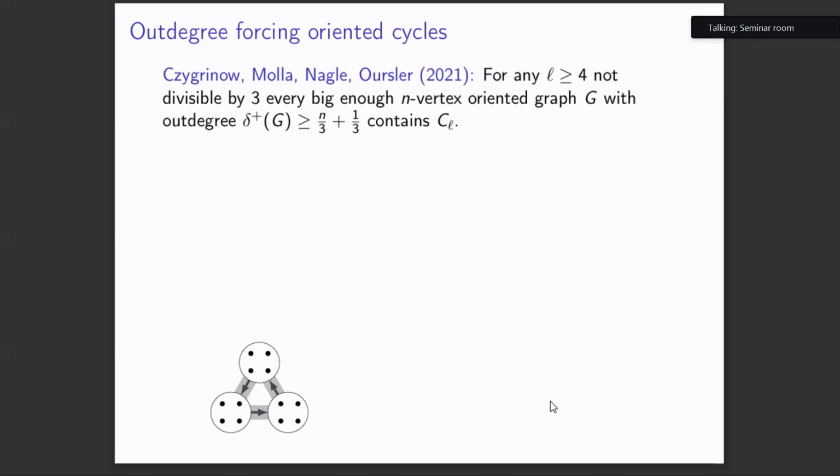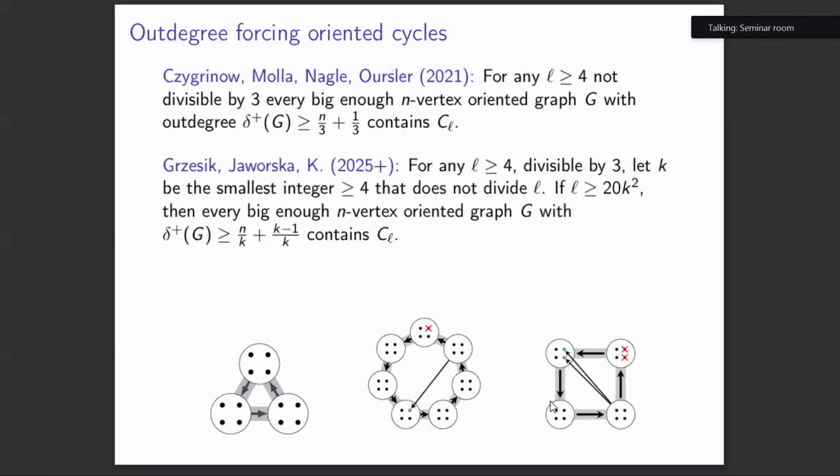Jagiellonian University announced the problem in 2021 and proved just the case where K is equal to 3. Well, we managed to take care of cases where K is greater or equal to 4.